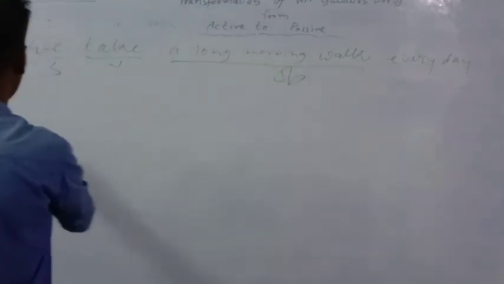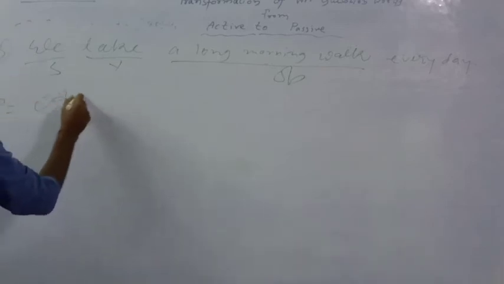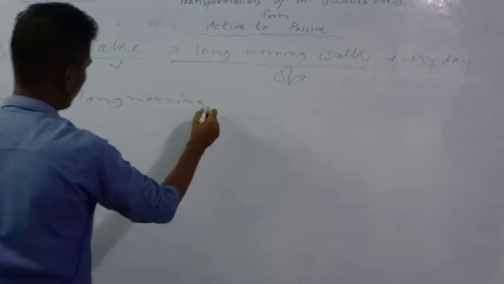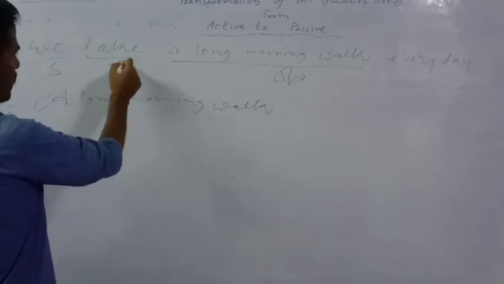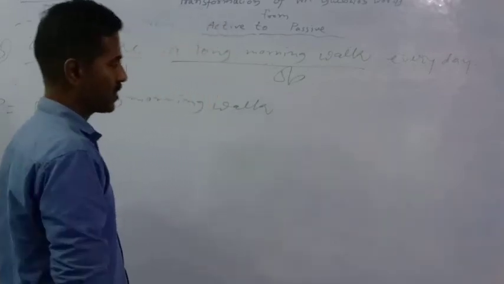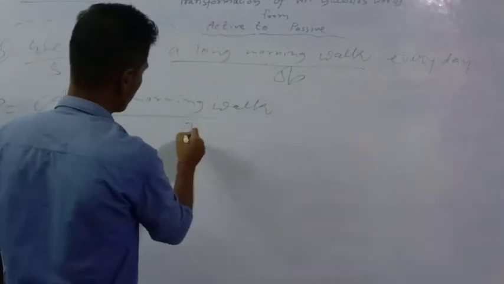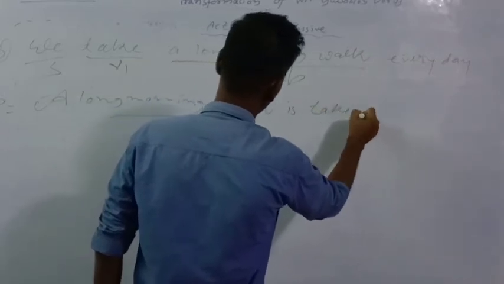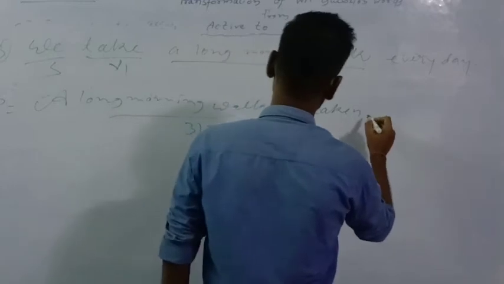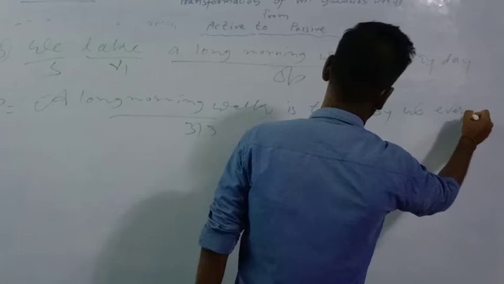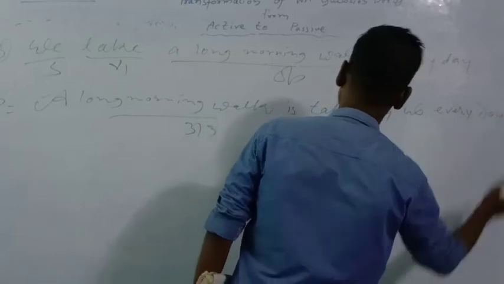So let us bring the object into subject place. A long morning walk. So take is B1, so we'll write the present form of B verb: am, is, are. A long morning walk, third person singular number, is, then B3 taken. A long morning walk is taken by us every day.